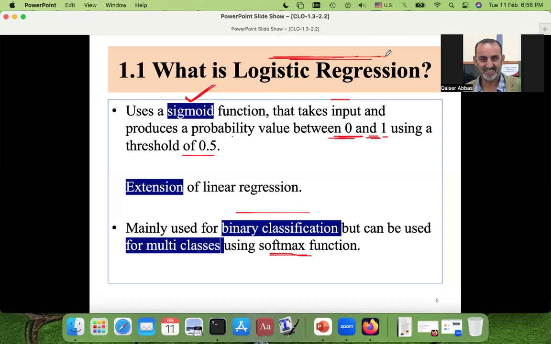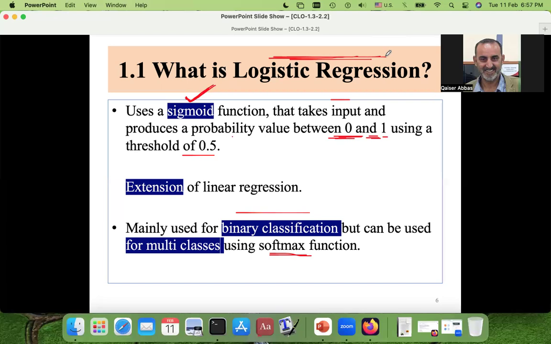The identification of logistic regression is this sigmoid function and the linear regression. In the beginning, you will see the linear equation of the linear regression is also there. Logistic regression takes the output of the linear regression.